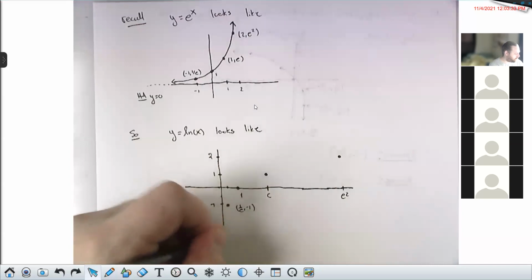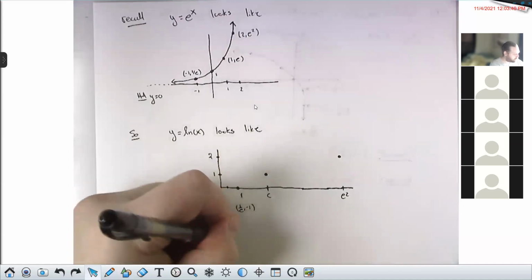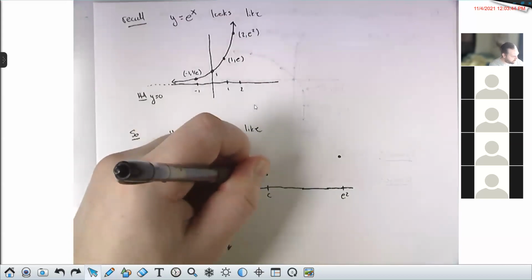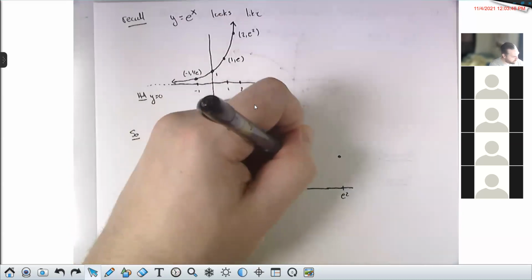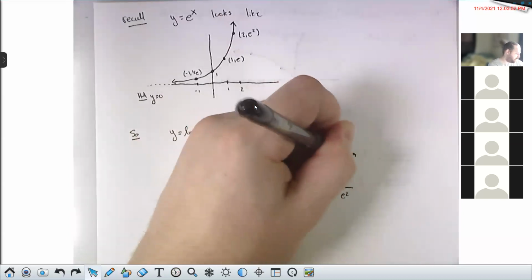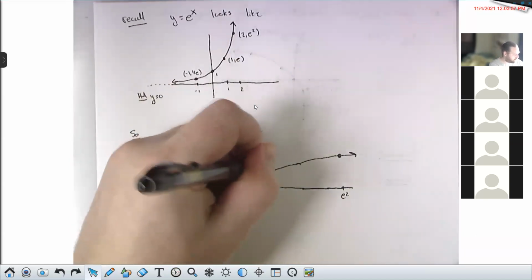That horizontal asymptote for e to the x becomes a vertical asymptote for the natural log. And the graph looks like this. There we go. So this is (e, 1).